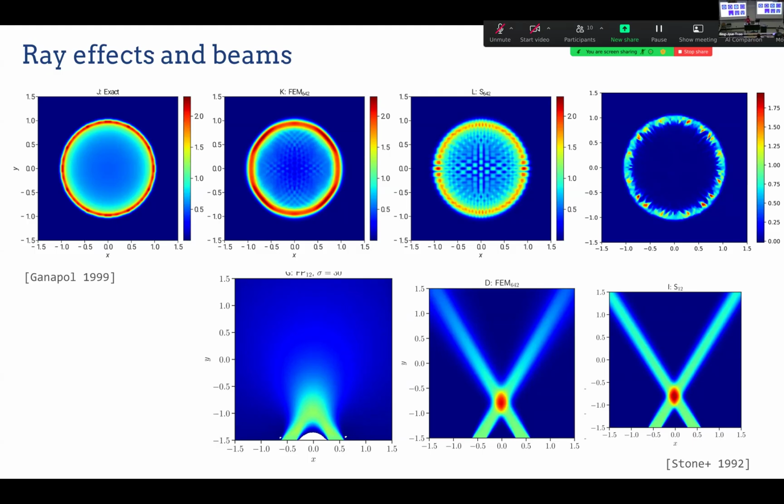So when you have two beams of neutrinos interacting with each other, the solution that you expect to see is the one at the very right of the screen, where the beams go past each other and they just go their own way. Finite element type schemes can reproduce this, but sometimes it is very difficult to resolve the beam very finely, so you need a large number of angles to get results which look reasonably okay.